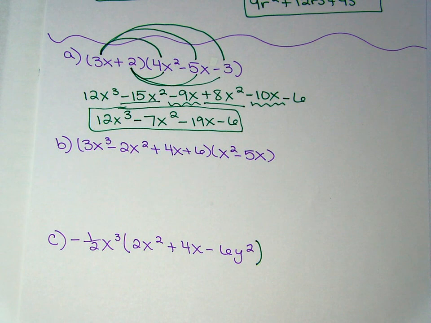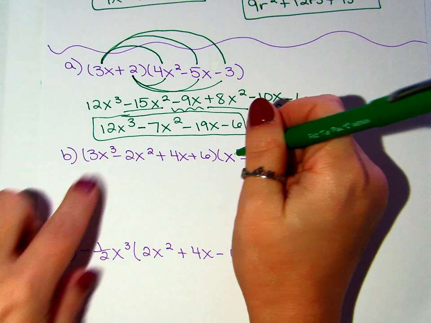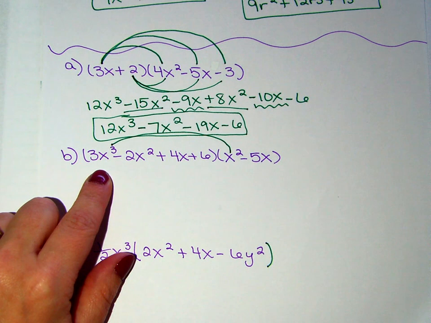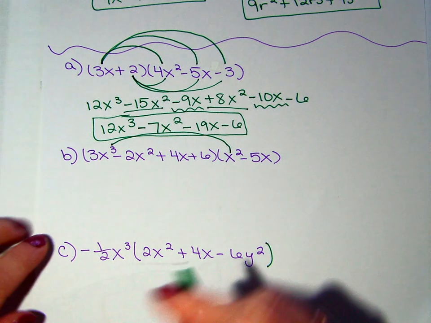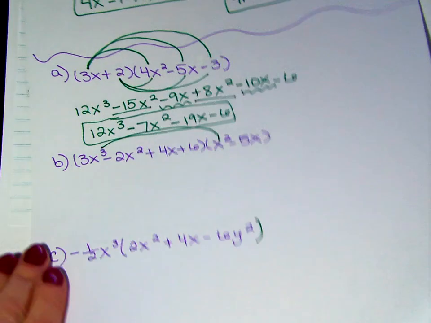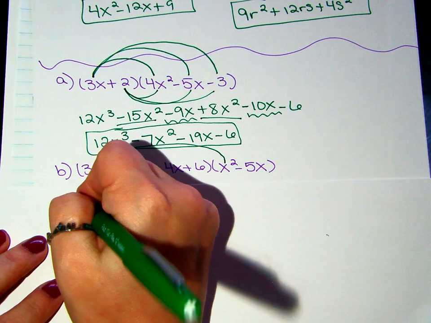I'm going to take x squared, and I'm going to distribute it this way. If you want, just rewrite it. I don't have room on this paper. Let me get this one. Rewrite the binomial first, the smaller parenthesis.